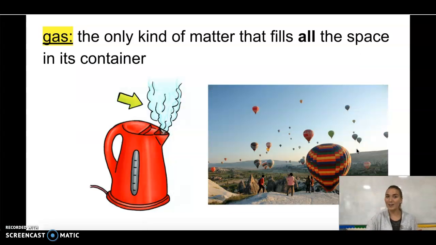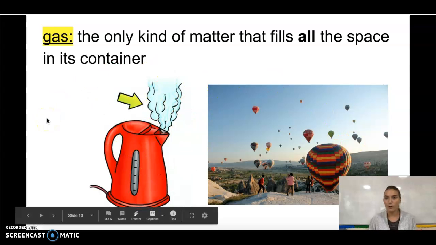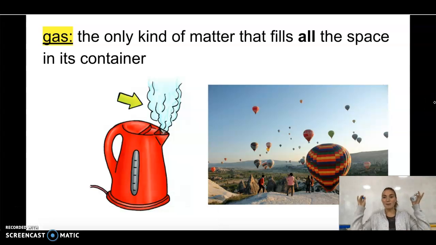Our third type of matter, boys and girls, is a gas. This is the only kind of matter that fills the space of its container. So, boys and girls, gas is like the air you breathe, or you can see in this picture steam from a hot water heater. So, right now, I'm in my classroom, and in this classroom, it is filled with air.